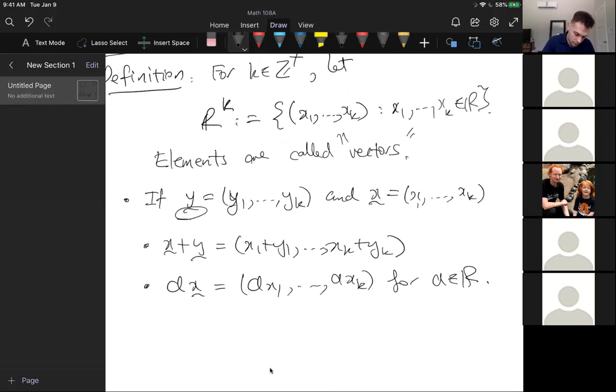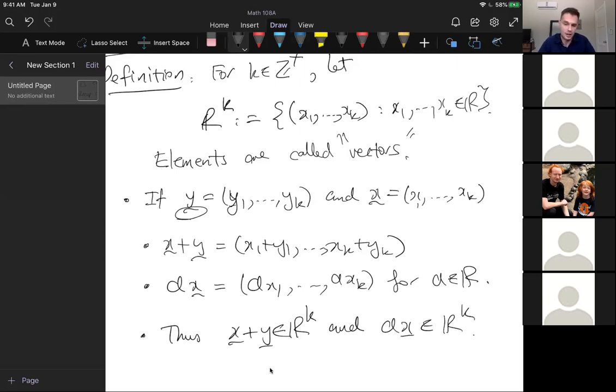And thus, the space is closed under addition, so the sum of vectors is in Rk, and multiplication by scalars is in Rk.